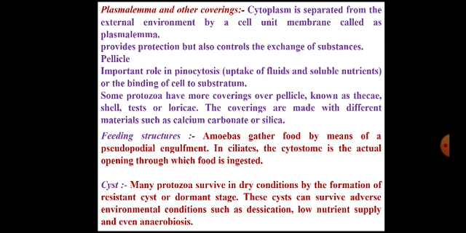So in extreme environmental conditions, the vegetative cells of protozoa get transformed into cysts, and these cysts are resistant to unfavorable environmental conditions, and this is how a protozoan can remain viable under these abnormal environmental conditions.